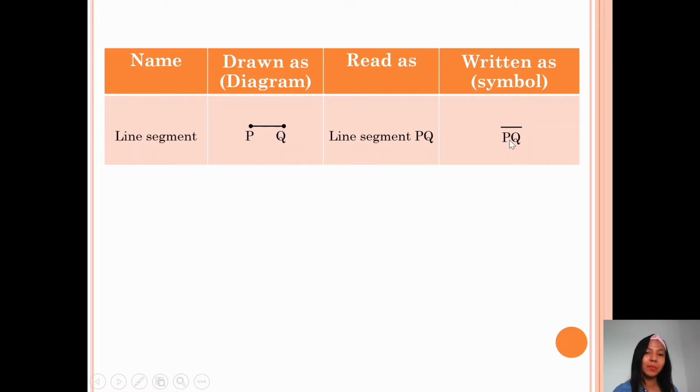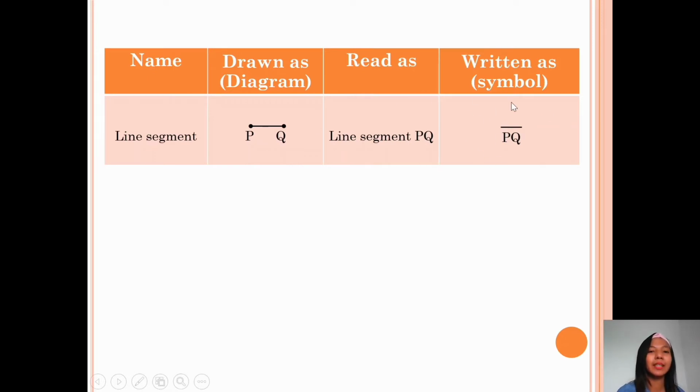Big letter P, big letter Q, and then don't forget to write the symbol above the line segment. Unlike the line, which has an arrowhead on both sides, a line segment has no arrowhead. Just this one straight line.